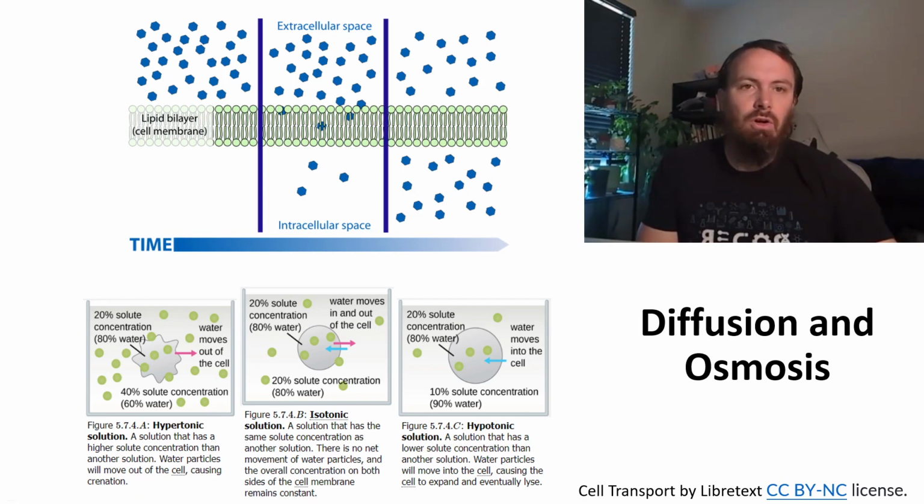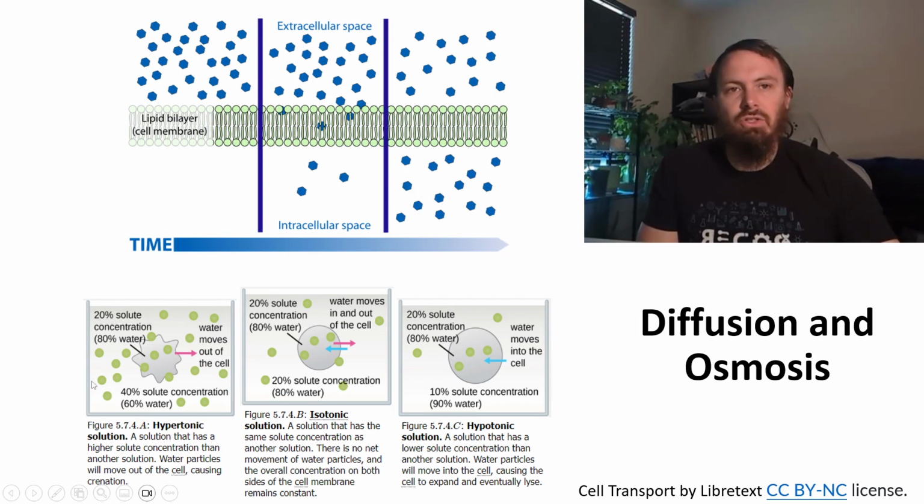Osmosis is the movement of the solvent, usually water. In this one, if the solute concentration is really high outside and relatively low inside, water will move down its concentration gradient. Inside the cell, it has 20% solutes and 80% water. The outside has 40% solutes and 60% water. 80% water to 60% water means water will want to move out of the cell.